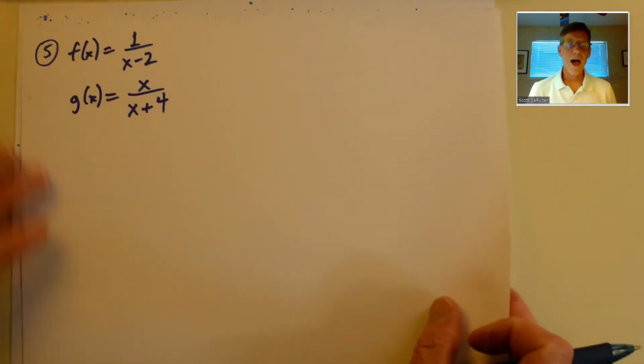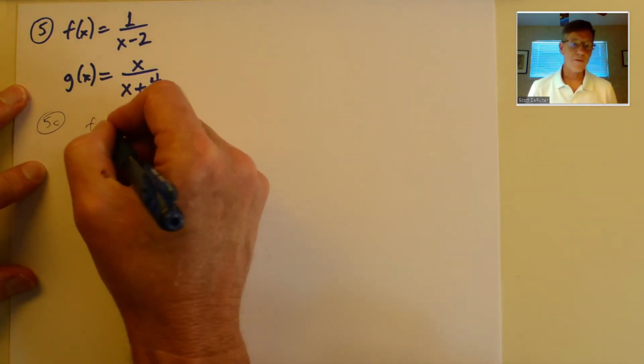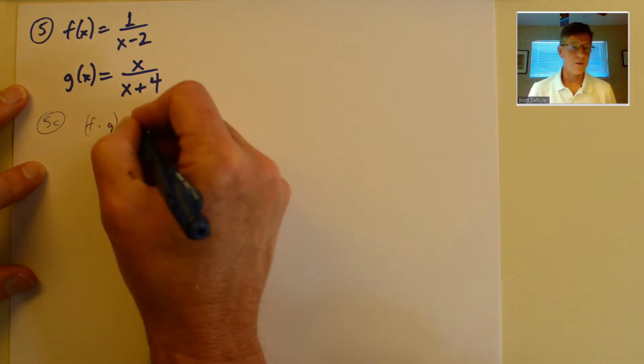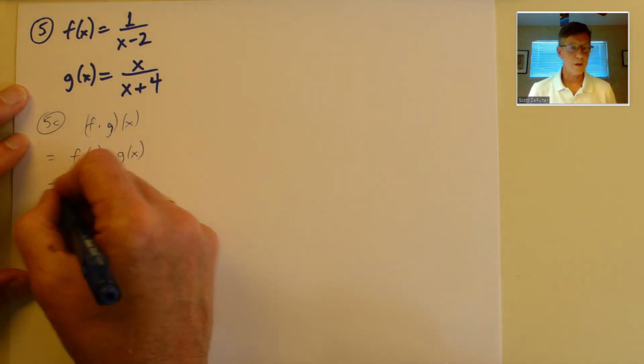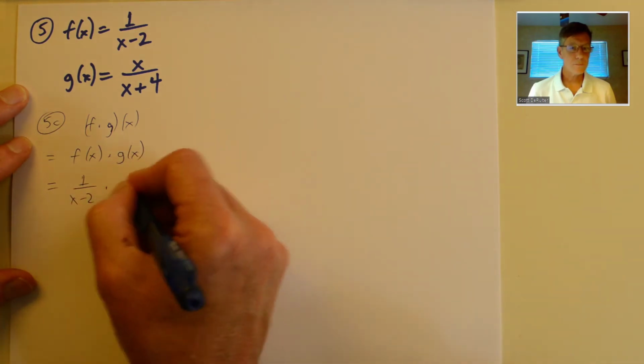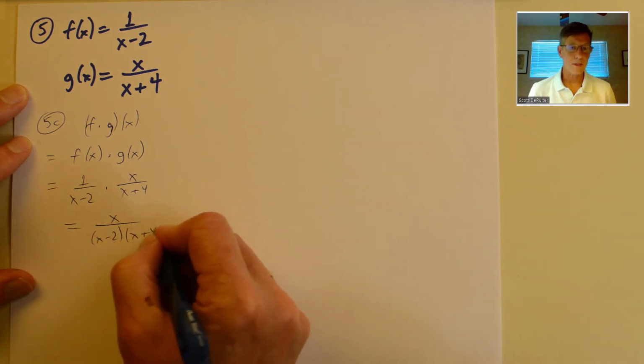So we find them separately and evaluate. Moving on to number 5, here we've got two quotient functions. And for 5c, if we want to find the product of the two functions, you can just multiply the two functions, and then you can write it as a product down below.